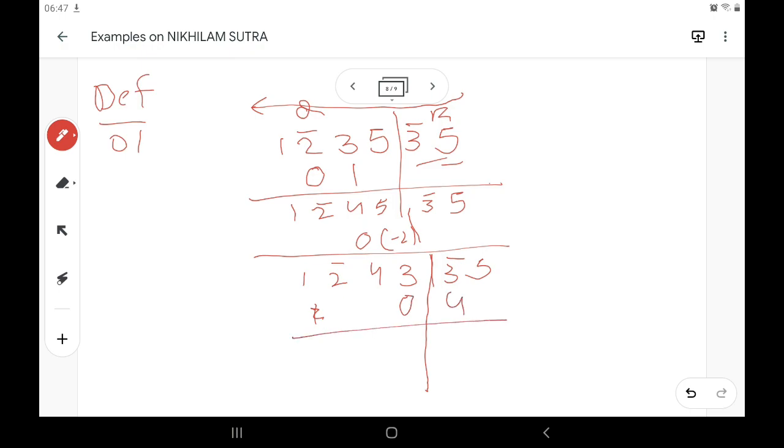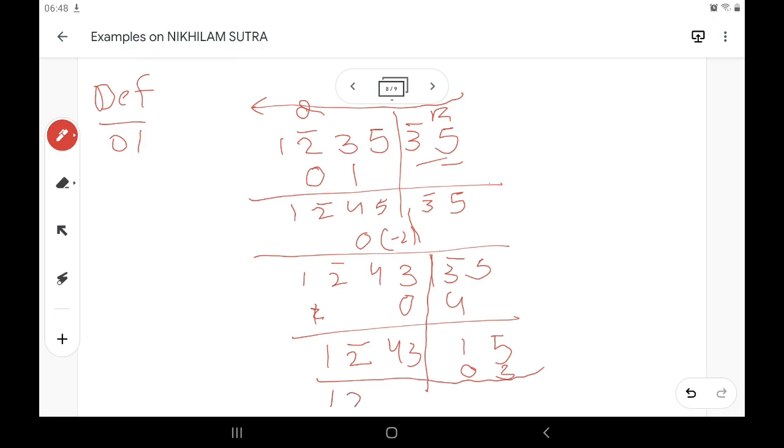So this will be 1, 2 bar, 4, 3, 1, 5, because 4 plus minus 3 will give you 1. Next, 0, 1 into 3 to subsequent digits. So that's 0, 3, and we have finished adding all the digits of the dividend part.